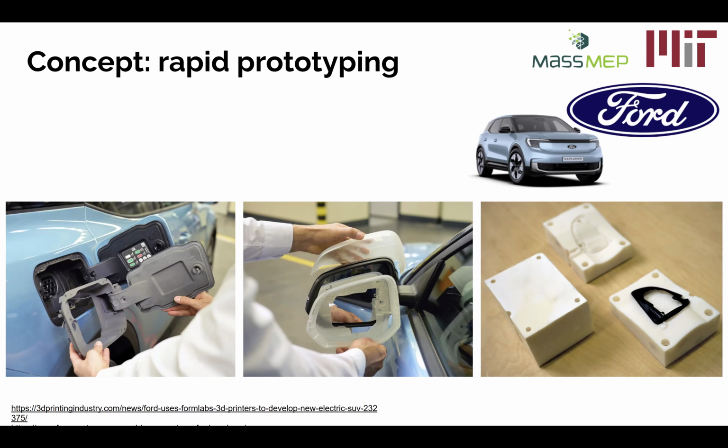So it was much more convenient to print the mold in plastic and then use this plastic mold for plastic injection molding, and have the final part in the material and the manufacturing process that was meant for the crash test. So making it a successful application.